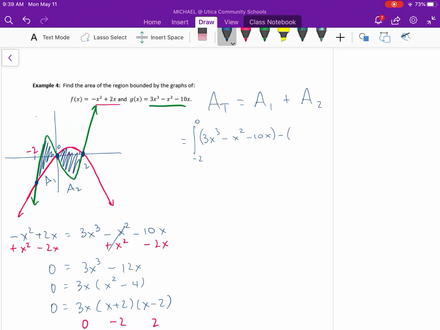Then I'm going to subtract the bottom function, negative x squared plus 2x. This is area 1. And so when I do that, I still get negative 2 to 0, 3x cubed, negative x squared plus x squared gives me 0, negative 10x minus 2x gives me minus 12x.